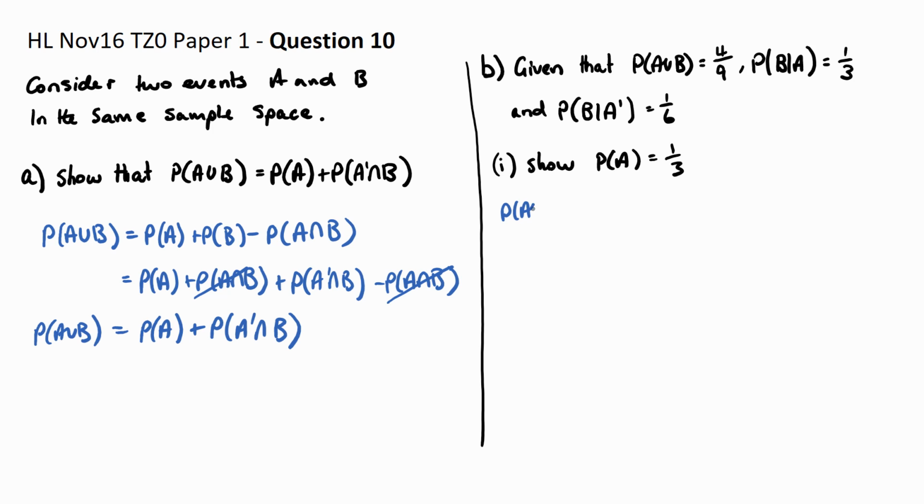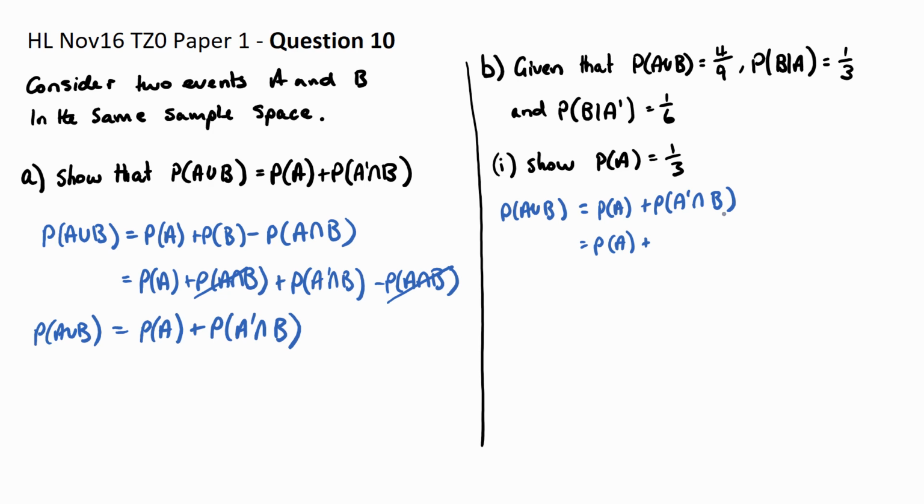Probability of A union B is equal to the probability of A plus the probability of not A intersection B. And we can also use the conditional probability formula. Here we can split this up.